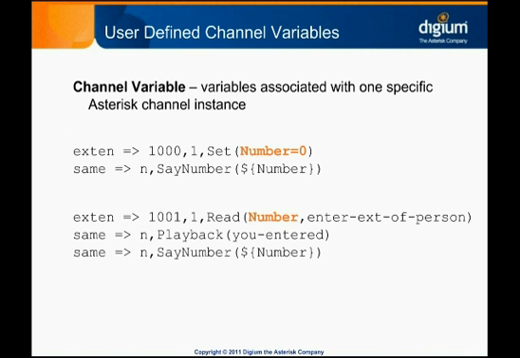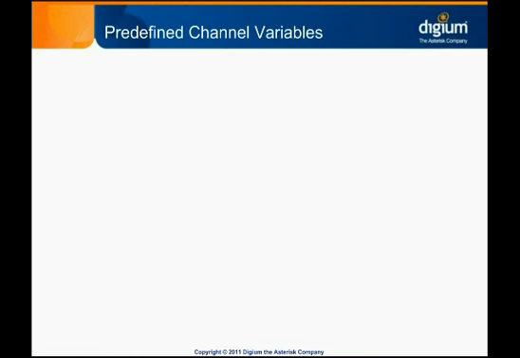Likewise, multiple calls can be made to extension 1001 at the same time, with each user inputting different values and having them tracked separately. When the same Number application is invoked, it will say the value that has been set for the variable on its own channel. The final way for a channel variable to be set is for Asterisk to do it automatically.